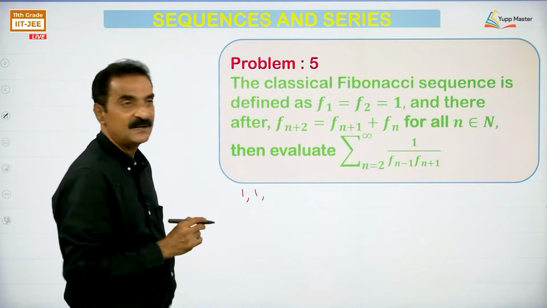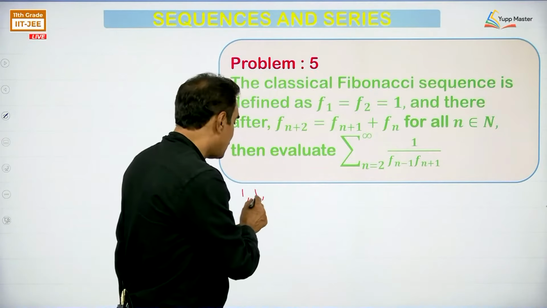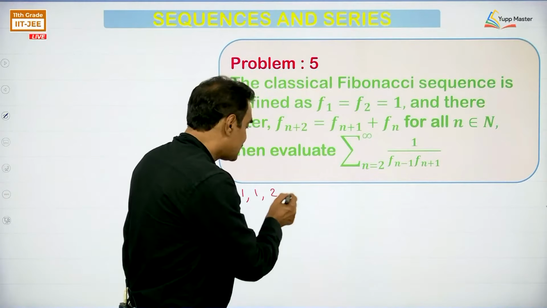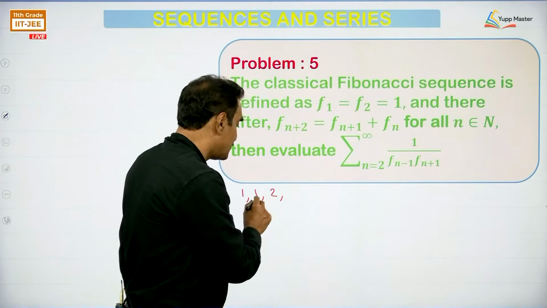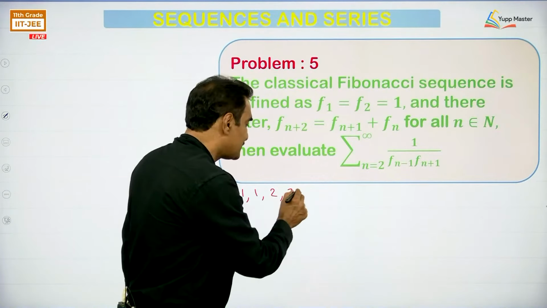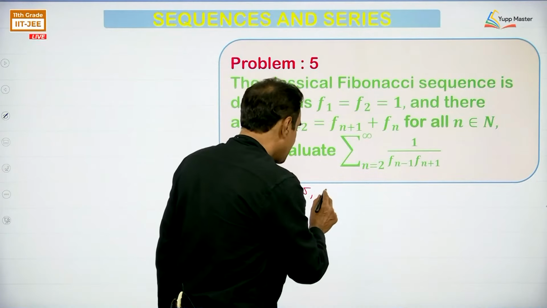So, 1 comma 1. What will be the third term? The third term will be the sum of the first two terms, that is 1 plus 1, 2. And what is the next term? It is the sum of the second and third terms. How much? 1 plus 2, 3. The next term will be 2 plus 3, 5. Next, 3 plus 5, 8.